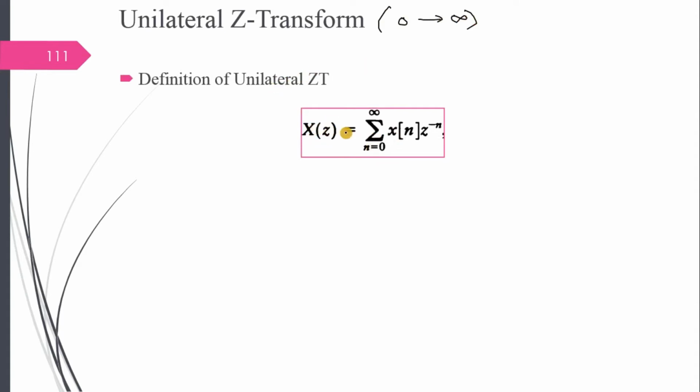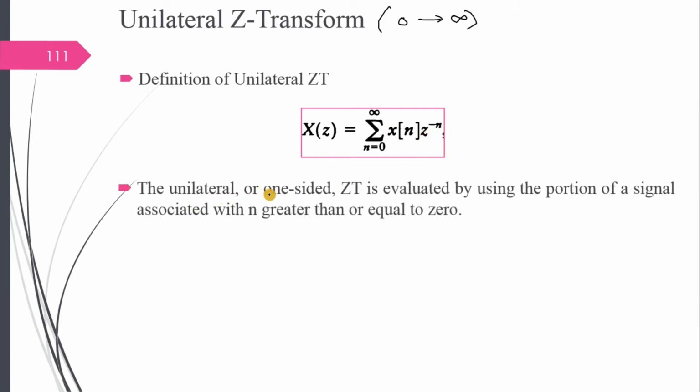So the standard definition of the Z transform and of the unilateral Z transform vary in only one point. Here we were writing n equal to minus infinity to plus infinity, but in the unilateral Z transform we start from 0 to infinity, because it exists only in the positive side: x of n z raised to minus n. So why is it needed? The unilateral is also named the one-sided ZT.